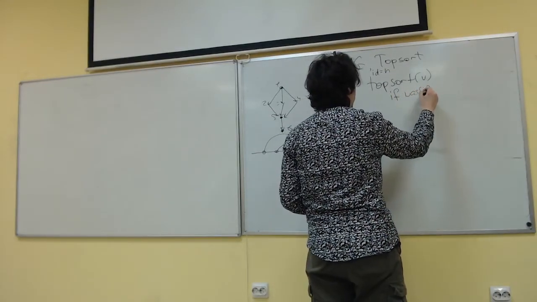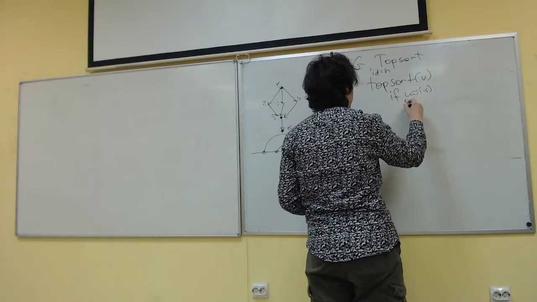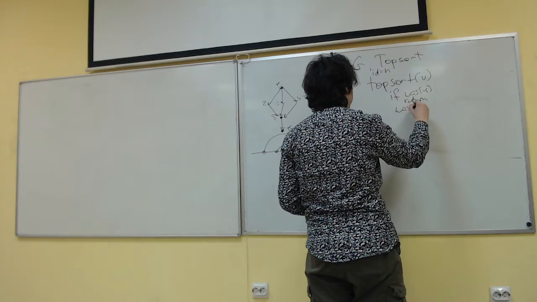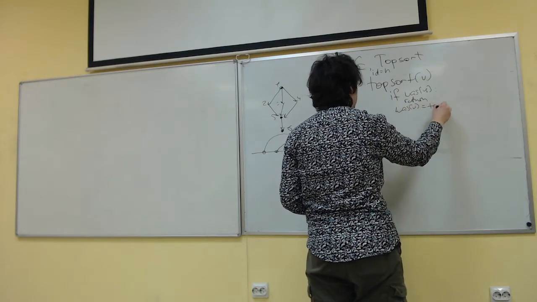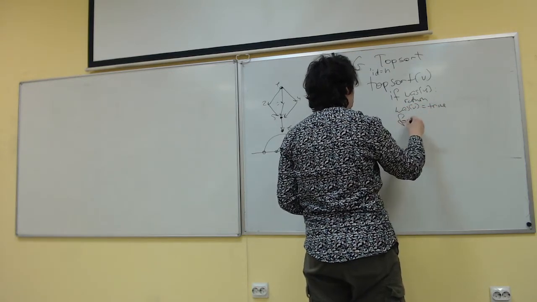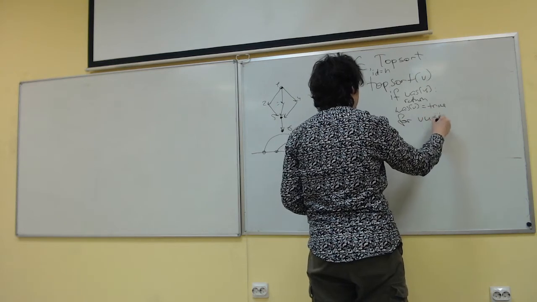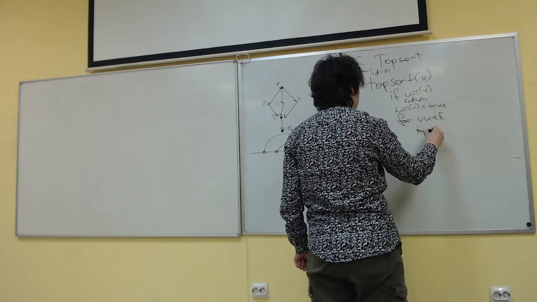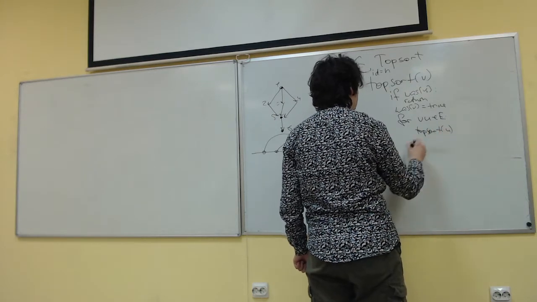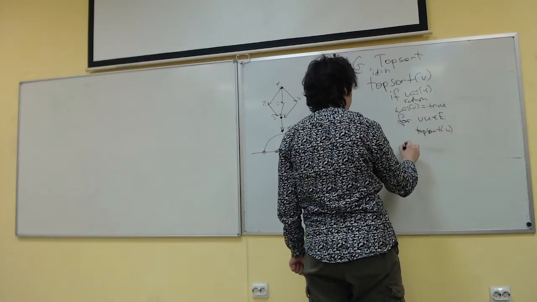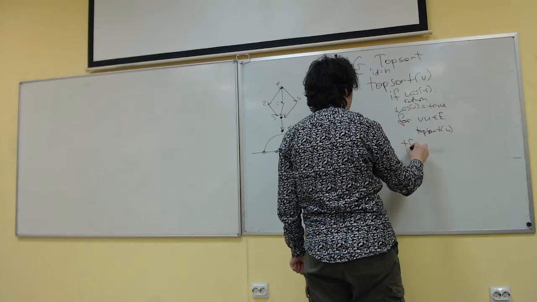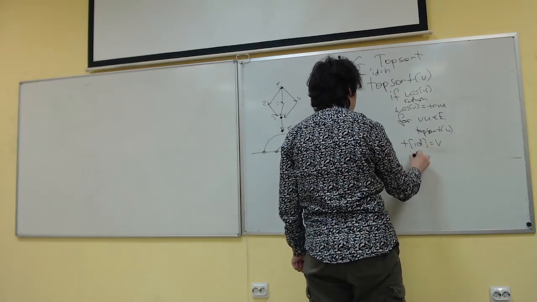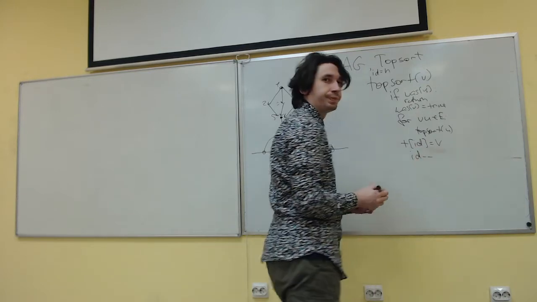And U, oh, was it V, then return. Then was of V equals true. Then we go over all their edges from VU in E. We go top sort of U, and then we say that T of ID equals V and ID minus minus.